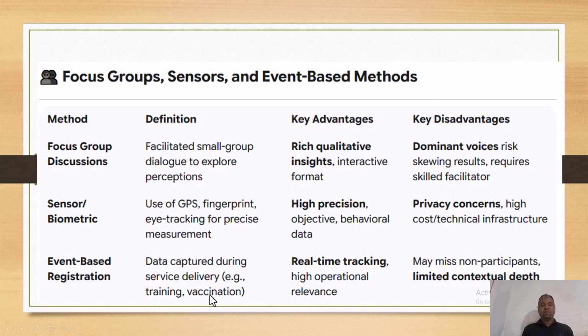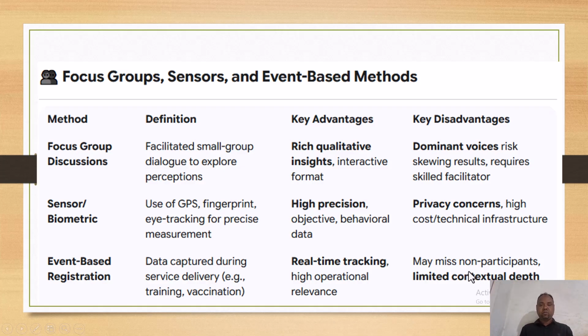At that event, we can get data through the event-based registration method. This is a real-time tracking tool with high operational relevance, but it misses non-participants and has limited contextual depth, meaning that those who are not at that event are excluded by default.